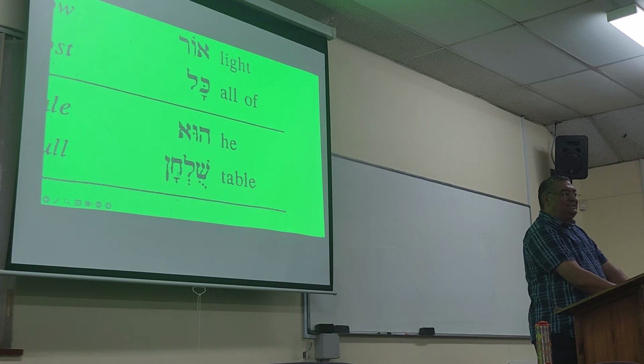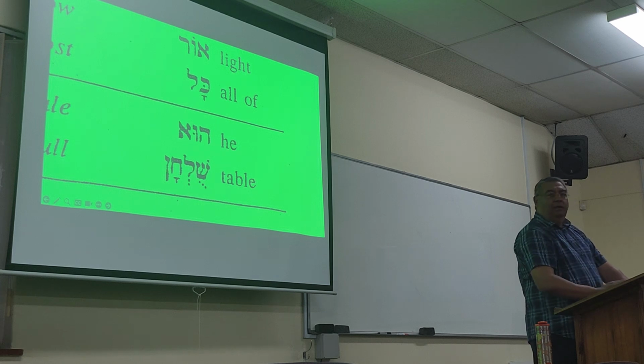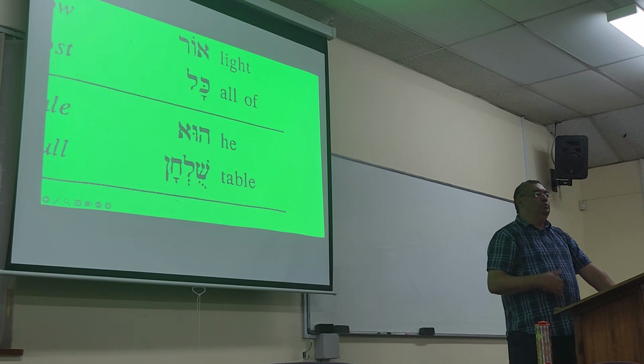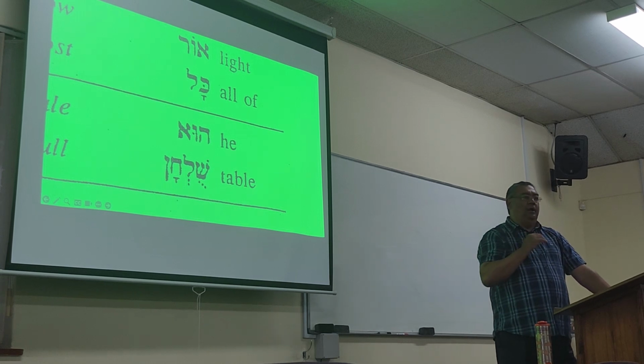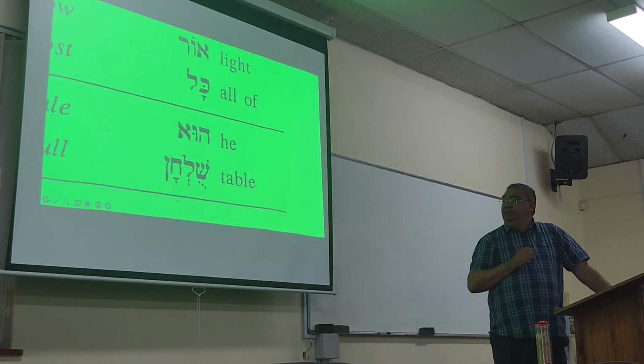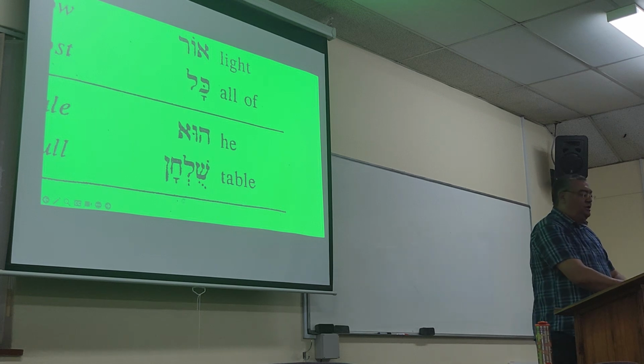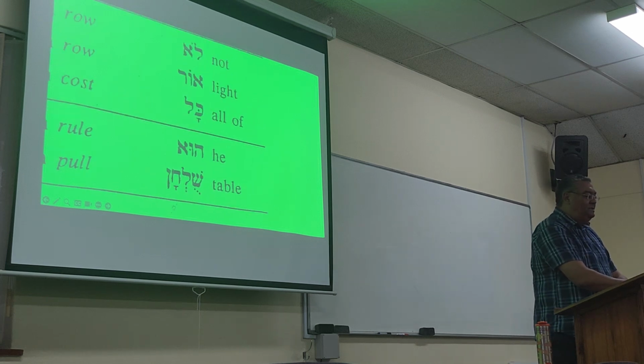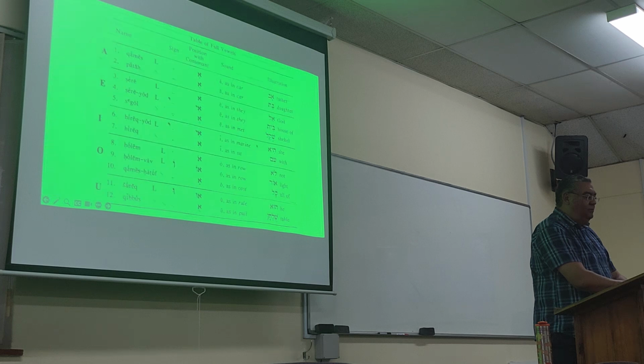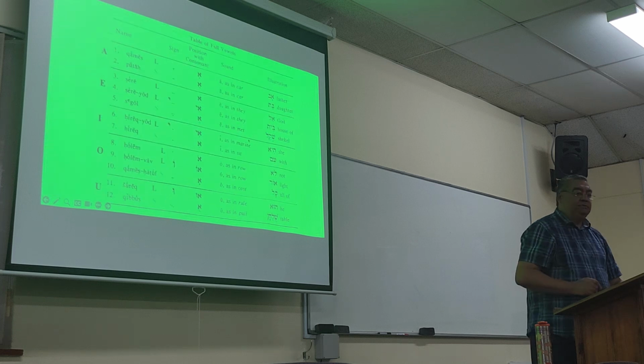So the second syllable is chan. Shulchan. Shulchan, the Hebrew word for table. Shulchan. You hear the quick oo sound over there. With me? Shulchan. So that is the Hebrew table for full vowels.